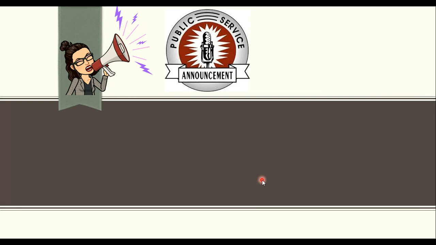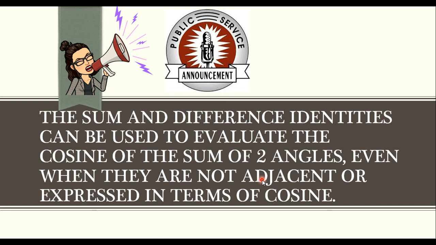Got another PSA for you guys. Public service announcement, all right? The sum and difference identities can be used to evaluate the cosine of the sum of two angles. So you can use it to evaluate cosine of two angles, even when they're not next to each other, when they're not adjacent.